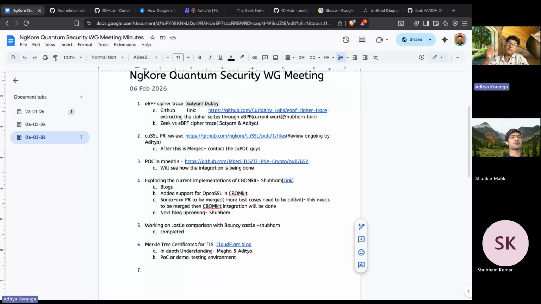And if the VPN is TLS based, then we can basically update the TLS layer and use ML-KEM, which is already provided. So this was for VPN.